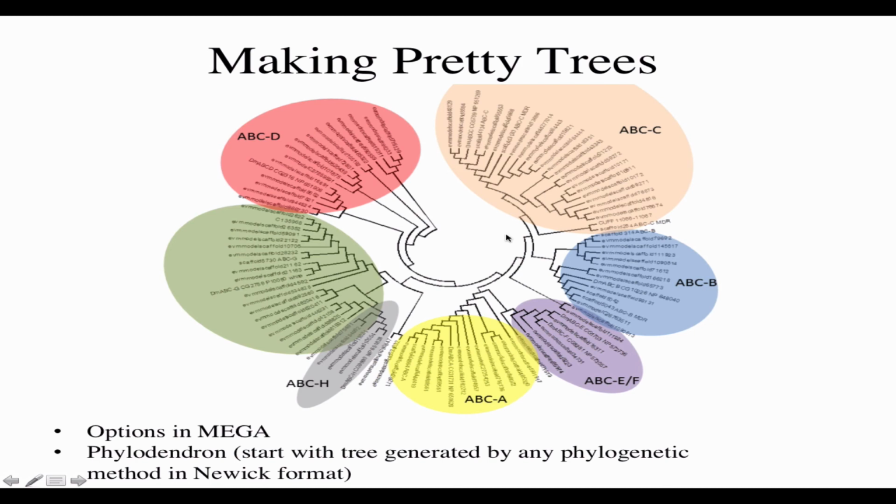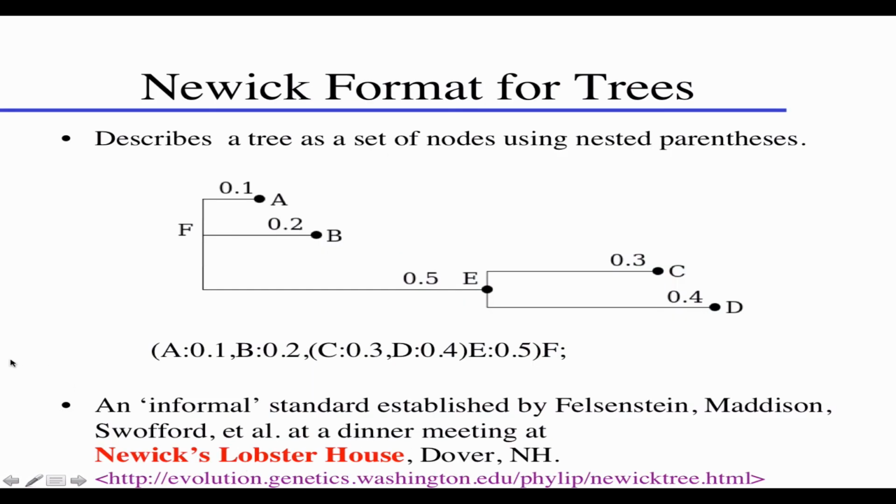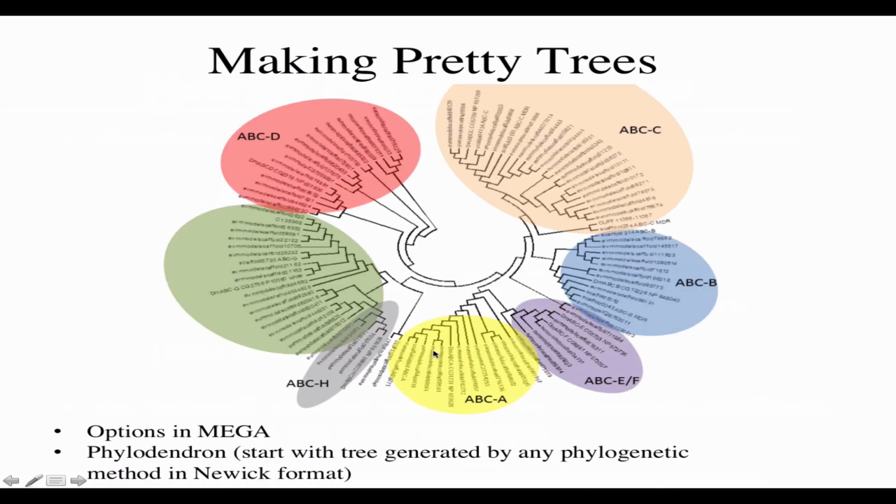So the same tree could be done as a rectangular tree, and these are outputs from MEGA software. There's another program called Phylodendron that reads in these Newick formatted files and gives you 20, 50 different options for ways to print out your tree. So you can format the tree as you want and in the way that best makes your point. It doesn't change the underlying branch pattern.